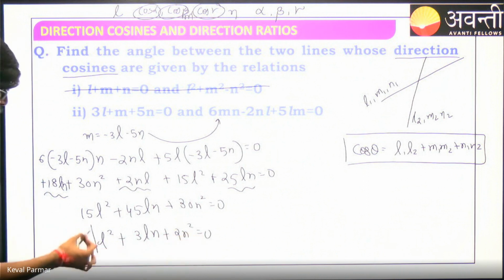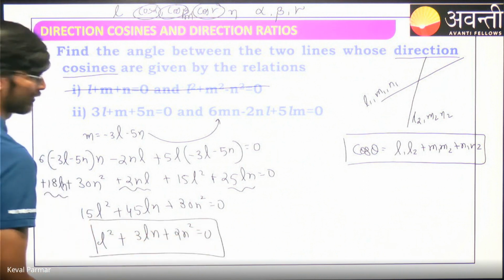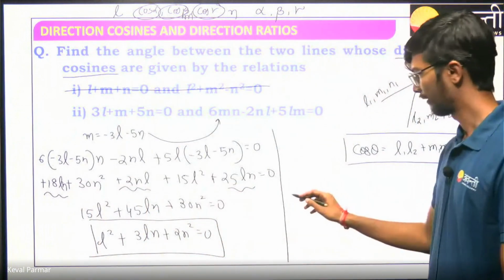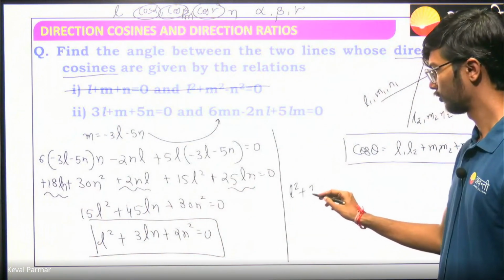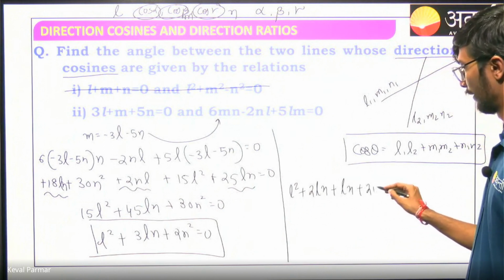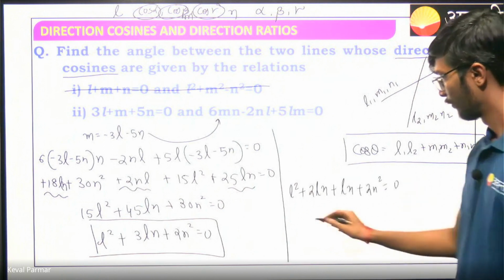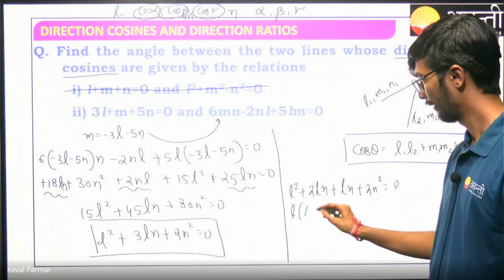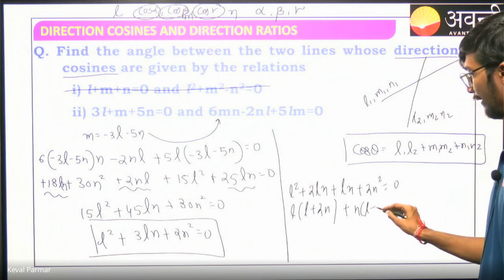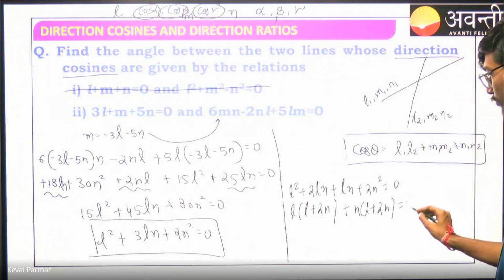Now as you can see, this is a quadratic equation. What are the factors, guys? 2 and 1 are the factors, right? So L square plus 2 ln plus ln plus 2n square equals 0. So I'll take L common. I get L into (L plus 2n) plus n common, (L plus 2n) equals 0.